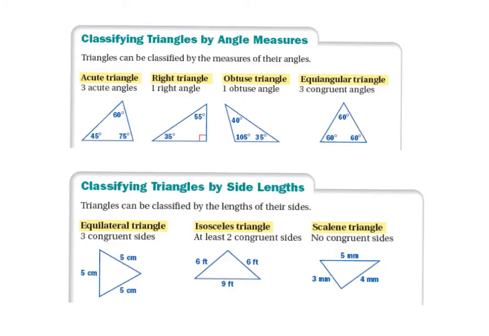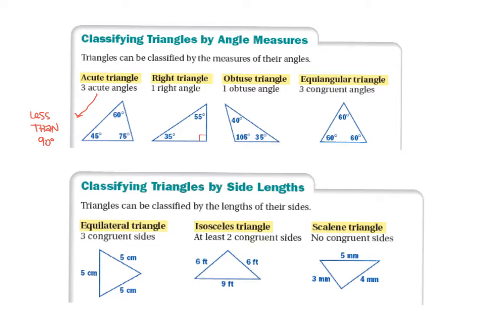Now, when we classify triangles, we can classify them based on their angle measurements or their side measurements. So when we talk about their angle measurements, again, we're looking for the angles inside the triangle. If all three are acute, and remember that acute means that the angle measurement is less than 90 degrees, then we call it an acute triangle.